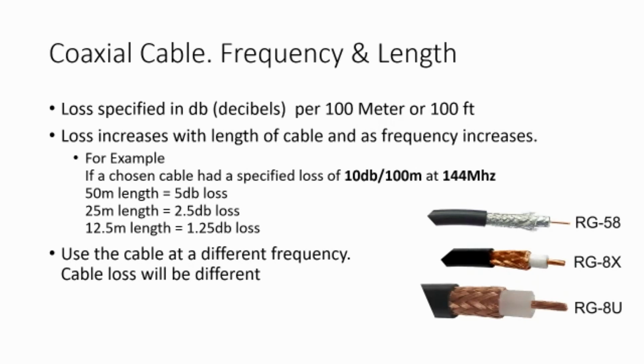If we had a 25 meter length, it would be 2.5 dB of loss. If we had a 12.5 meter length of cable, it would be 1.25 dB of loss in that cable. If you use the cable at a different frequency, the cable loss will be different, and that's where you can look all that up.